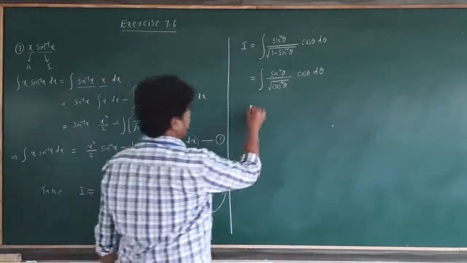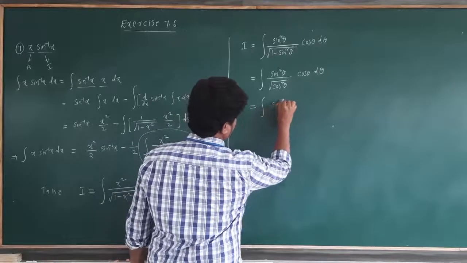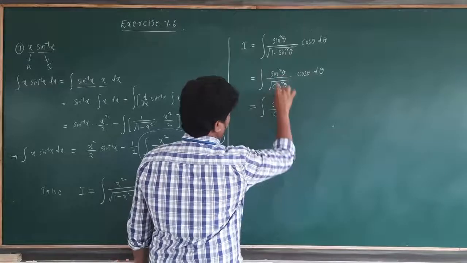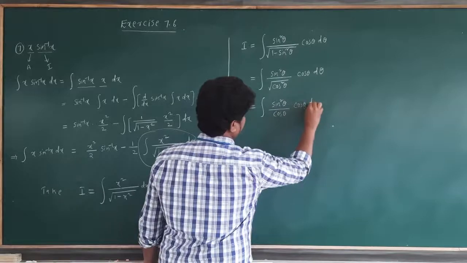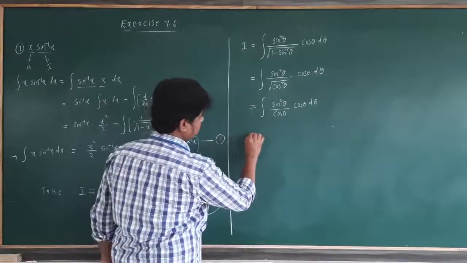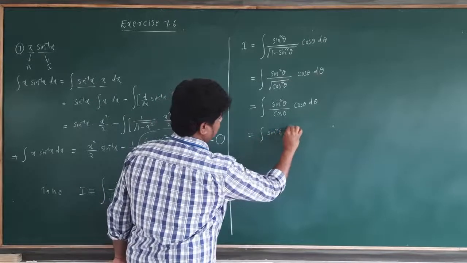Now the root and square get cancelled, cos theta and cos theta get cancelled. What will be here? That is sin square theta d theta.